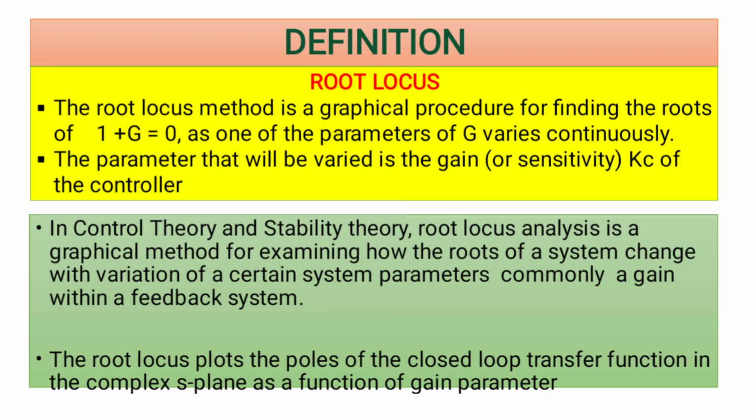This root locus tells you how the roots vary with variation in the process parameters, that is the controller gain. Controller gain is sometimes called sensitivity. So this tells you how the sensitivity will affect the transient response. This is the definition or concept of root locus.